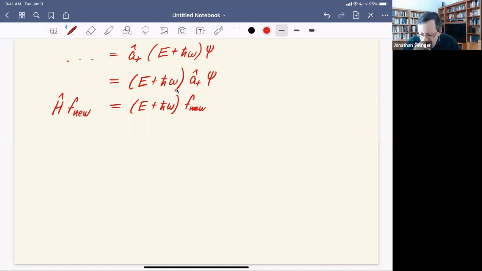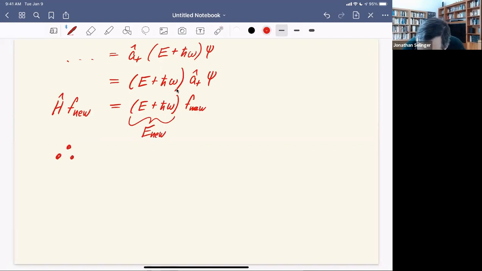So the Hamiltonian acting on F nu is a number times F nu. So this number is E nu. Okay.